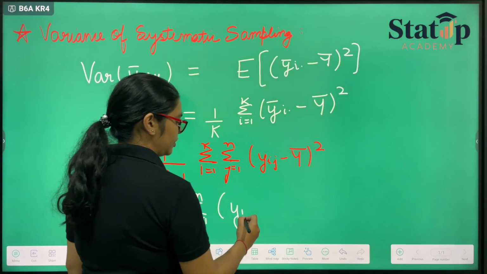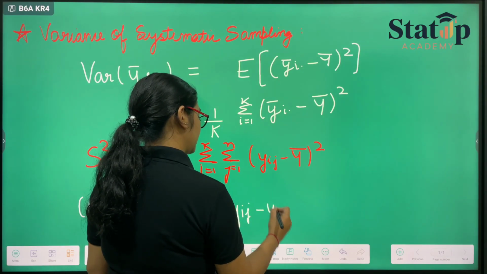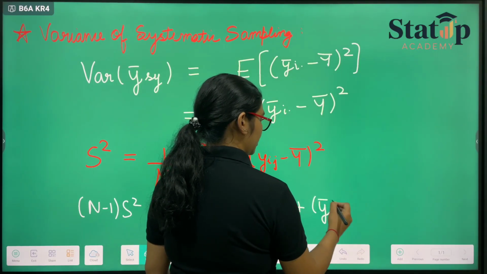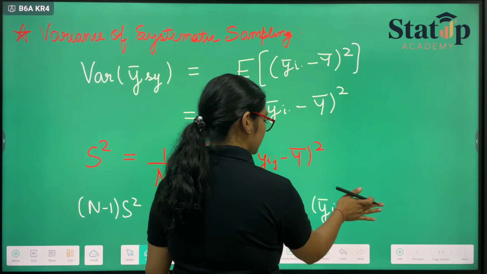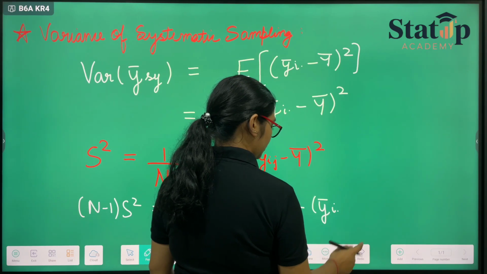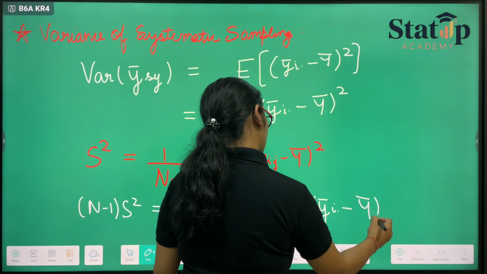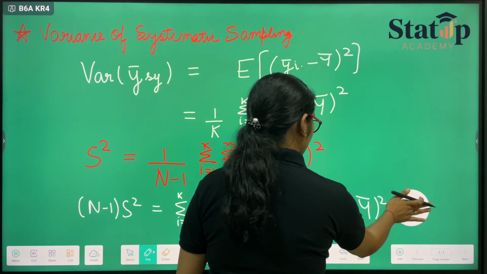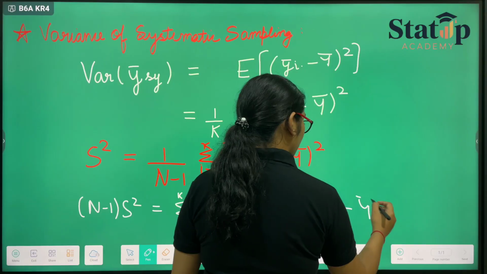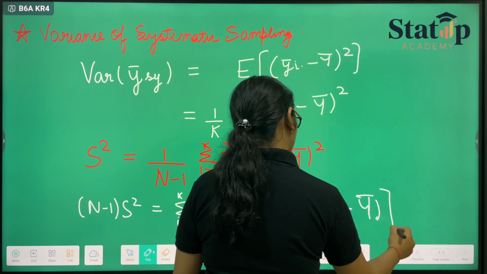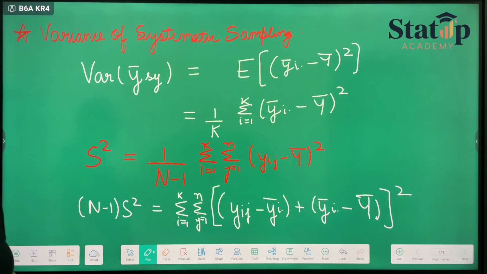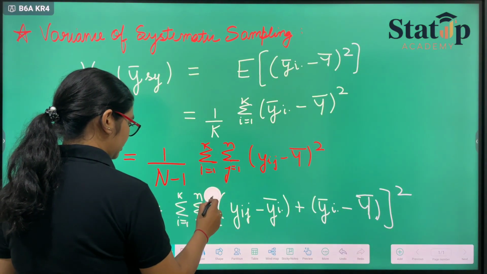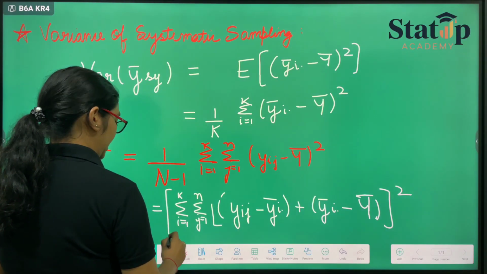Now we can add and subtract y bar i dot in this equation, and put the bracket here.